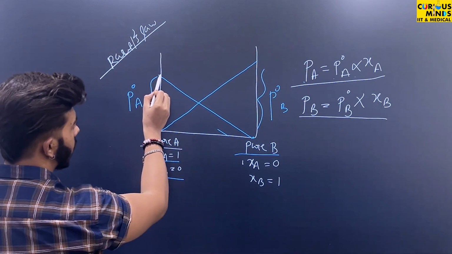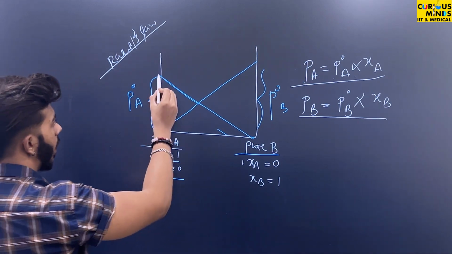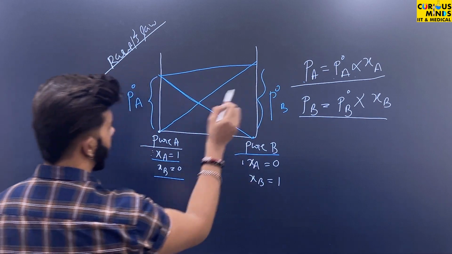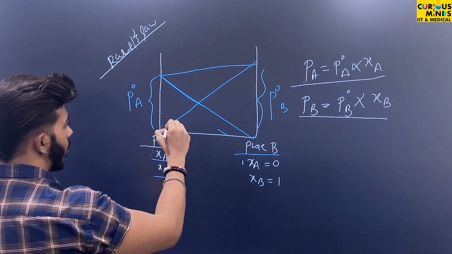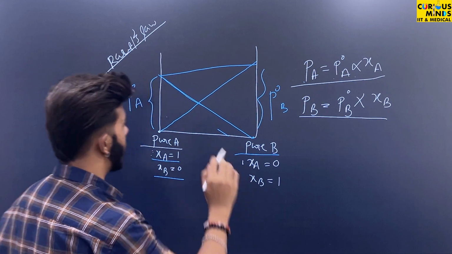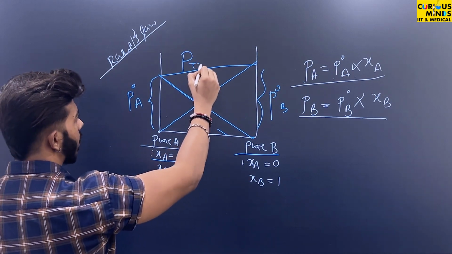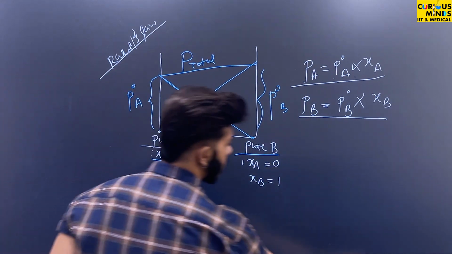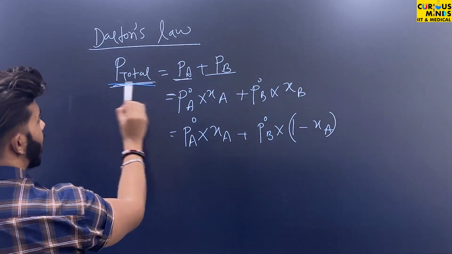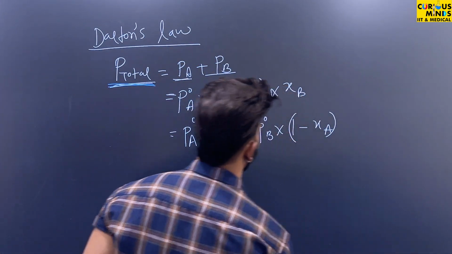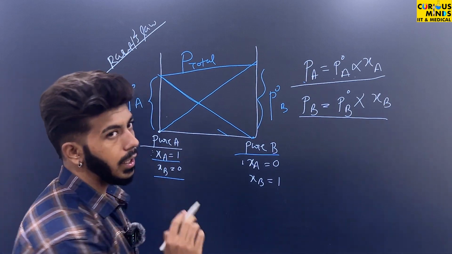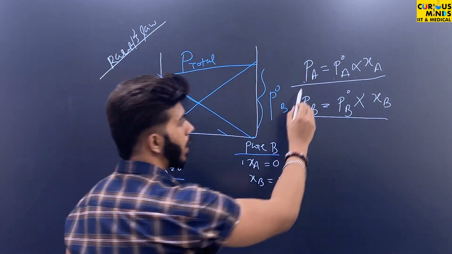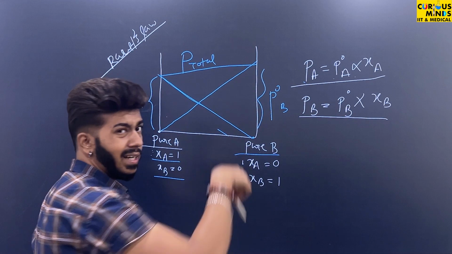Now I can join this graph. So this will be P not A into XA, this will be P not B into XB, and this will be P total, just like the last slide, P total, that is Dalton's law, right? So this is the graph of Raoult's law, with two lines, nothing but y equals mx, that is a straight line, right?